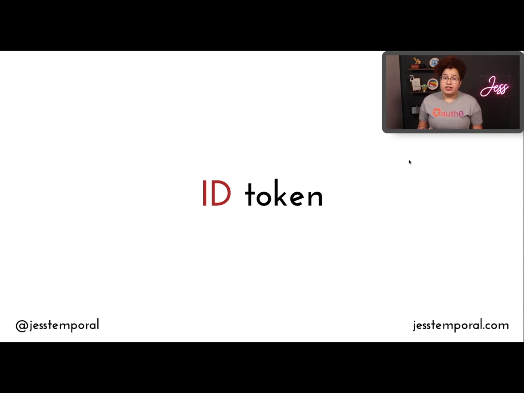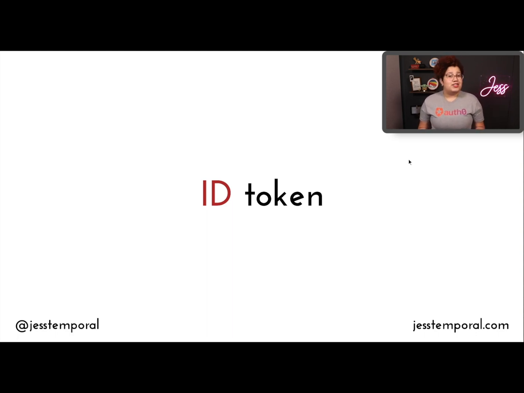And it is important to notice that, as defined by OpenID Connect, ID tokens are always JWTs. Now, since we are talking about tokens, you may have heard of refresh tokens, but it's important to know that usually refresh tokens are not JWTs. And that's why I'm not talking about them here in more detail at this time.